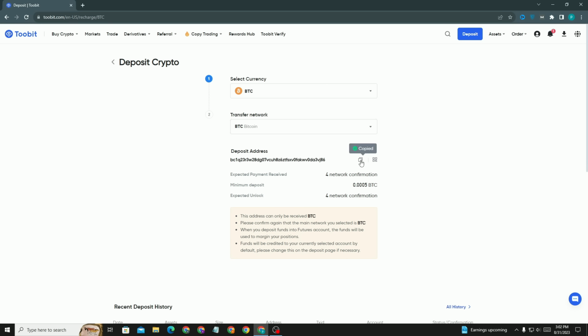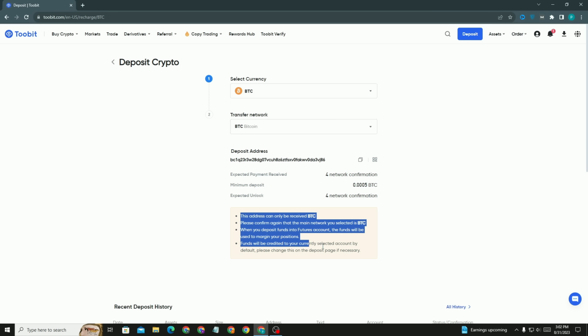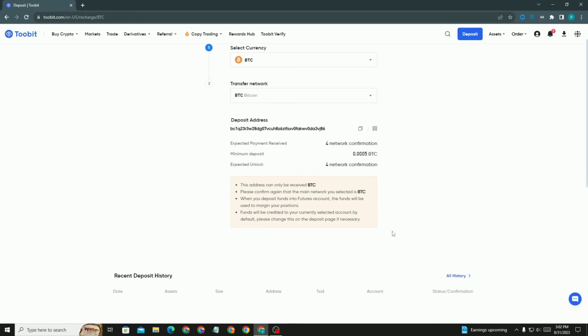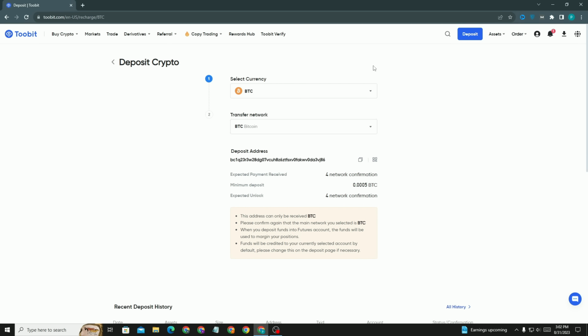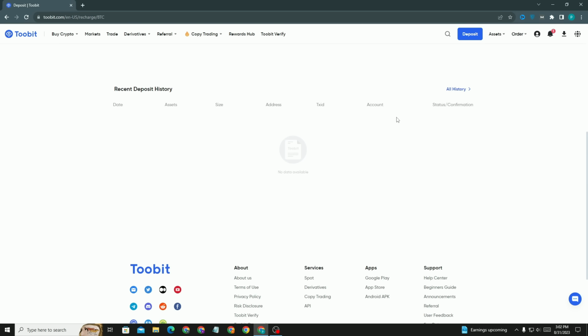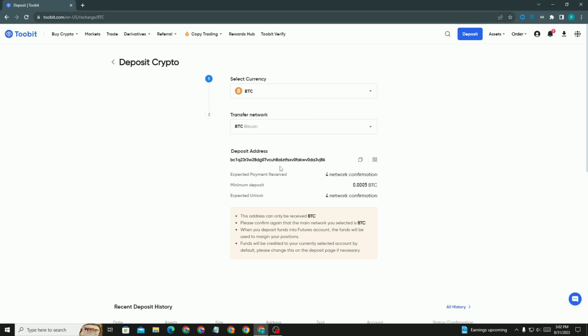You can copy the address, or you can scan the QR code to deposit the amount of money. Please read these 4 points very carefully before depositing the amount of money here in the Toobit platform.